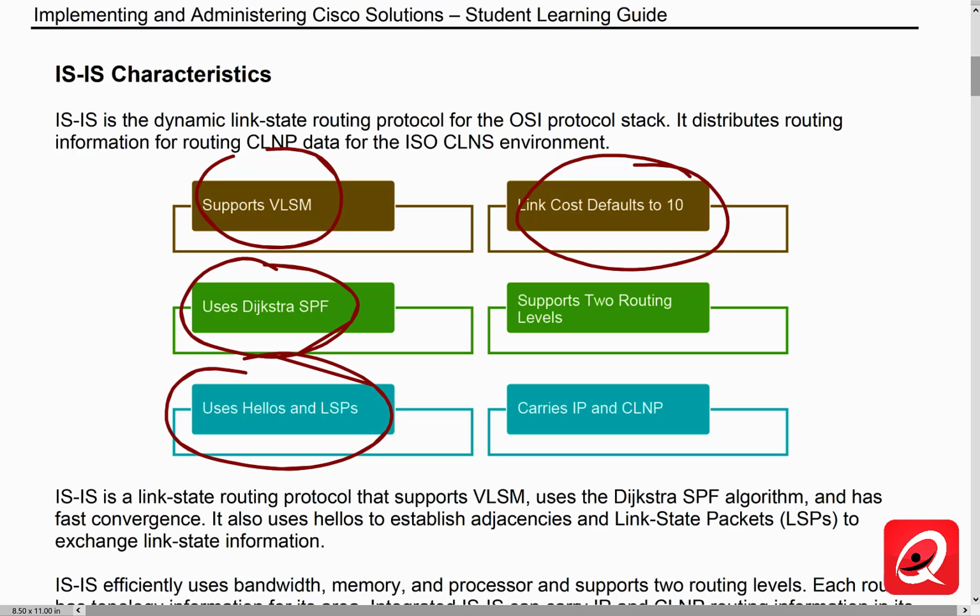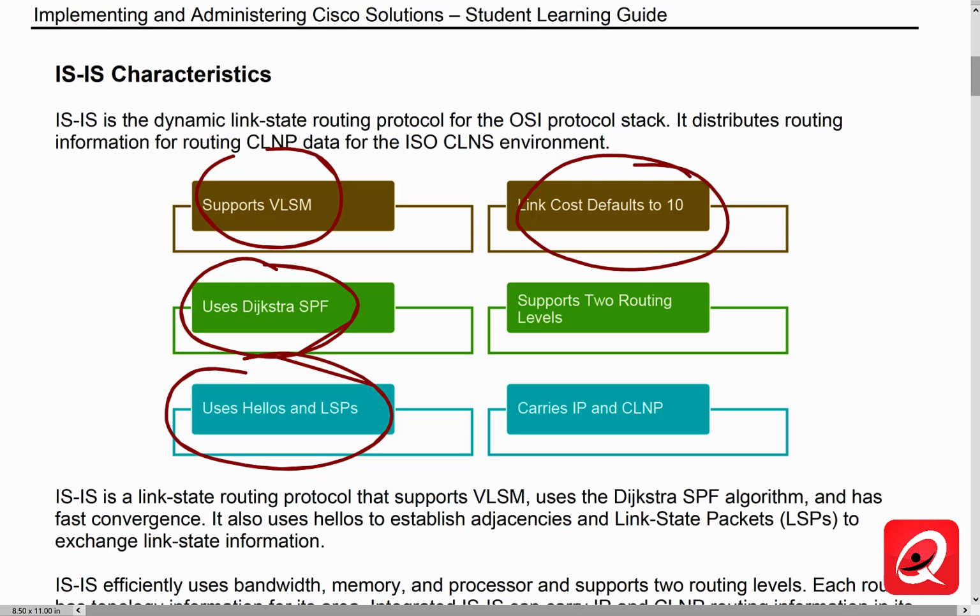All right. Again, like I said, ISIS rides directly on top of an Ethernet header. It uses its own header format. It's not actually encapsulated inside of an IP packet like EIGRP and OSPF are. So we'll have our Ethernet header, we'll have our ISIS header, we'll have our ISIS data, and then we'll have our frame check sequence after that.